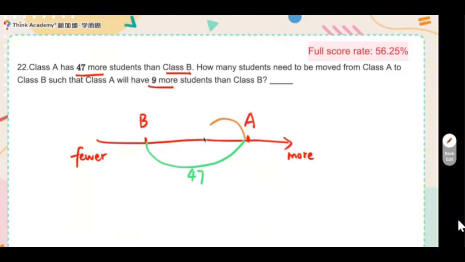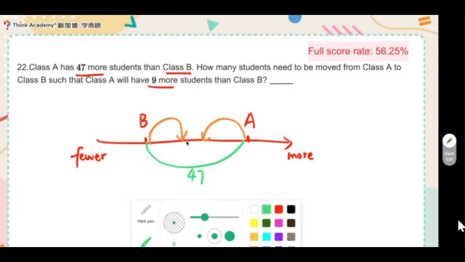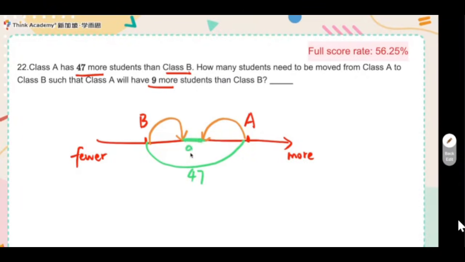Okay, so we can see this time, after A gives some to B, their difference is 9, which means this part is 9. We also know these two parts, they are the same, so we can call them as one unit, U, okay? So this time you will notice that U plus 9 plus another unit equals 47.